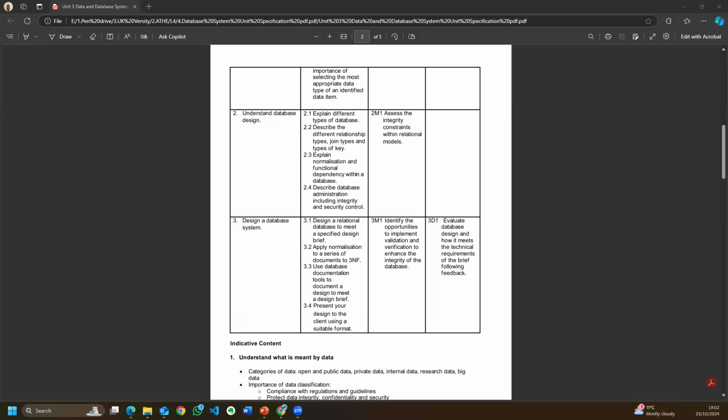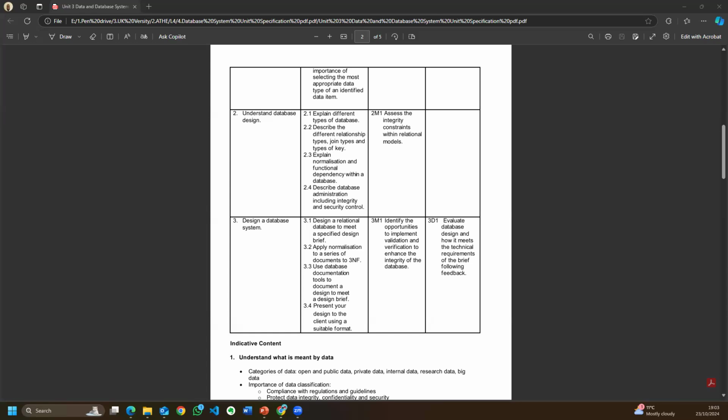In our previous tutorial, we looked into data, types of data, and the purpose of them, and how to implement them. We also looked into explaining different types of databases, SQL and non-SQL, such as structured and unstructured databases.